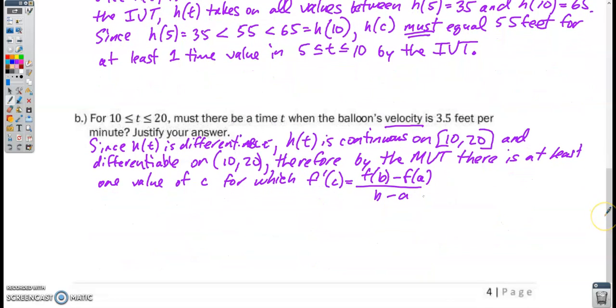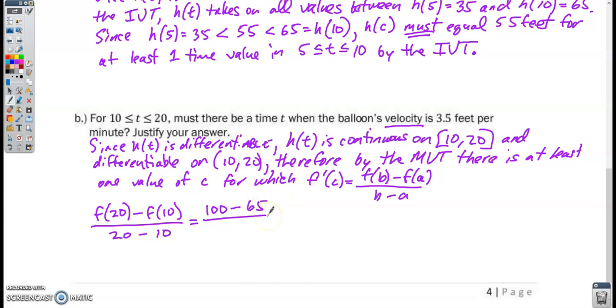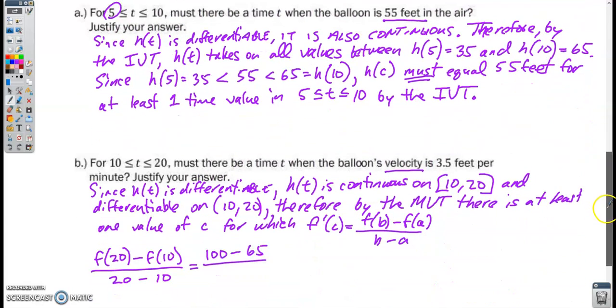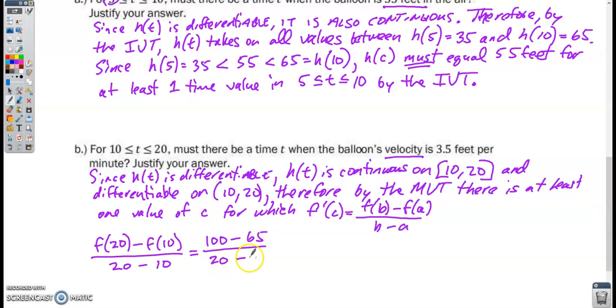So f of 20 minus f of 10 all over 20 minus 10 is equal to 100 minus 65, pulling those from the table, over 20 minus 10.